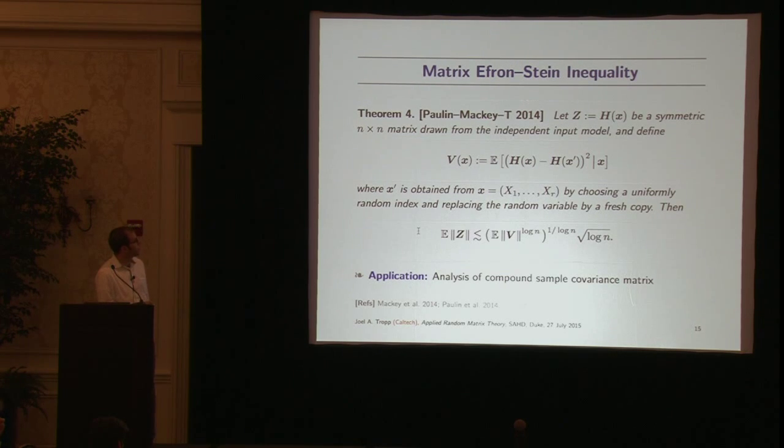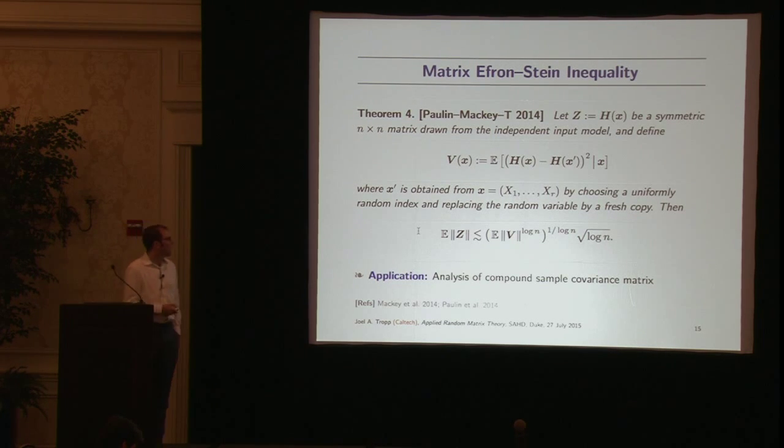So in short, if changing one entry of the random input doesn't change the random matrix very much on average, then, as before, you can obtain an accurate bound on the expected norm of the random matrix in terms of the expectation of how much a change in the inputs affects the random matrix.